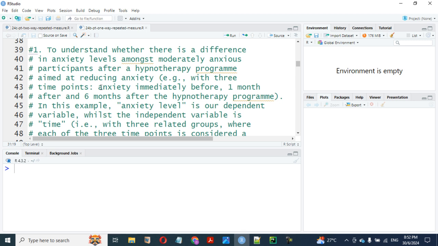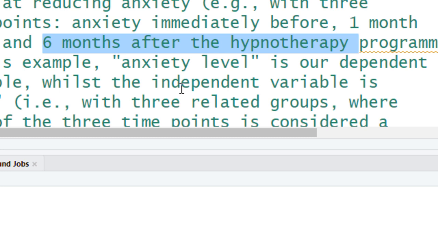We have anxiety immediately before, we have 1 month after, and we have 6 months after. Maybe you can just call it AI, or maybe AM for immediately, 1M for 1 month, and 6M for 6 months.